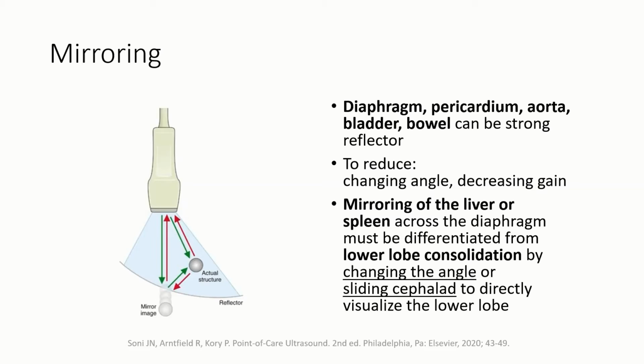It's important to distinguish hepatization or lower lobe consolidation from actual liver. So you can change the angle or just slide towards the head and then directly visualize the lower lobe. So you can distinguish those, but it's important, don't be fooled.